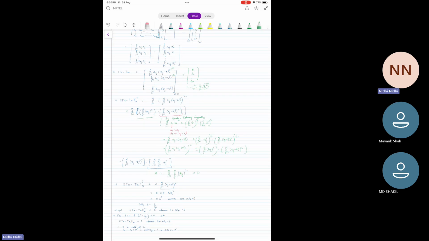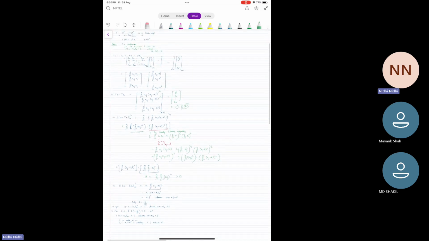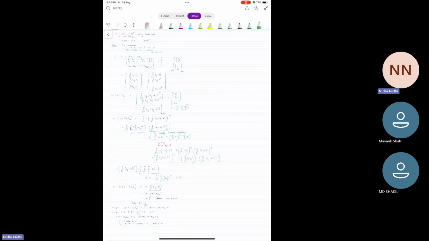If T is the zero linear map, then all the aij's will be zero, and hence alpha will be zero. But in that case, we should have said that if T is a zero map, then it is clearly continuous; we did not do anything. And if T is non-zero, then we can do all these things.